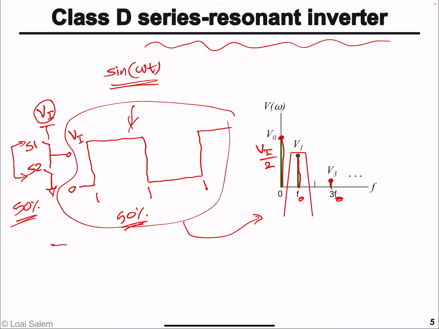So after the complementary switches, we have a band pass LC filter. The band pass LC filter is centered around the fundamental component and has a frequency response as shown here, such that it extracts the fundamental sinusoidal component in this square signal.